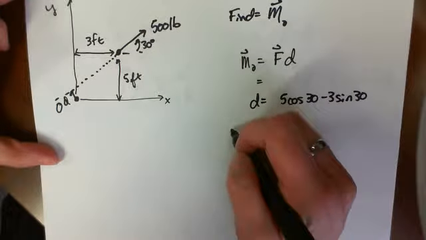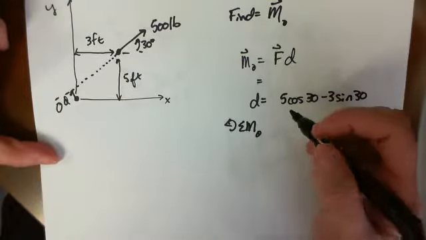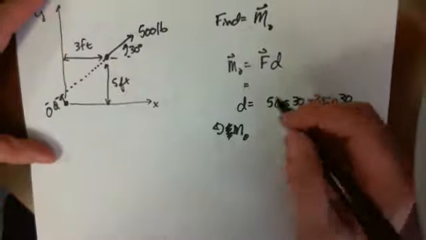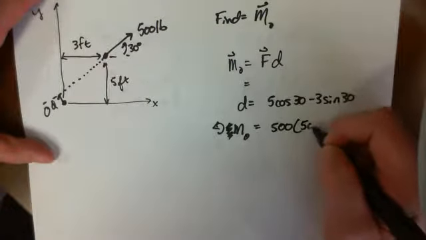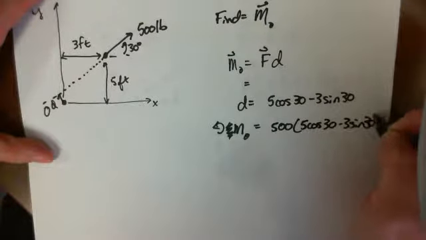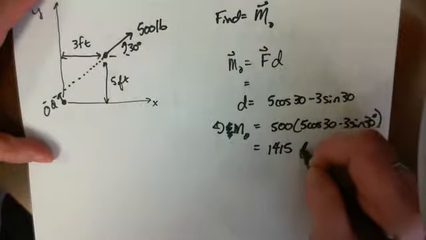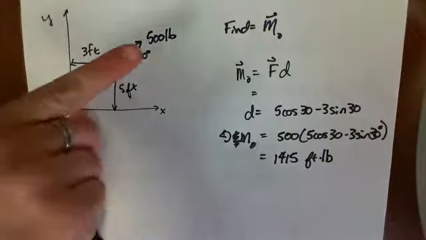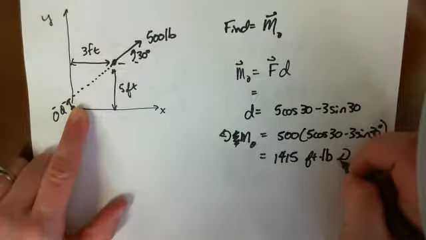So if I want to get my moment about 0, I take 500 times the perpendicular distance, 5 cosine 30 minus 3 sine 30, to get 1415 foot-pounds. And if I put my finger on 0 and push in that direction, it's going to go counterclockwise.